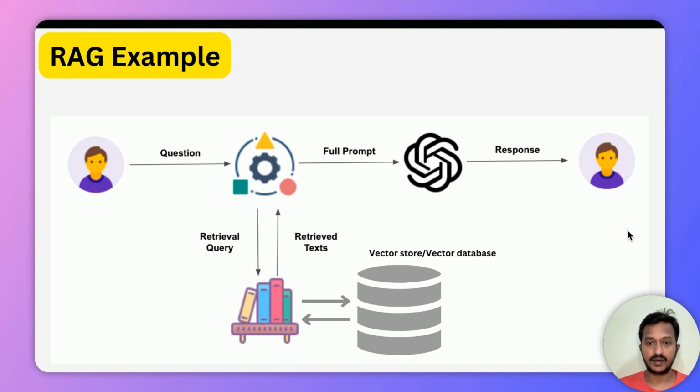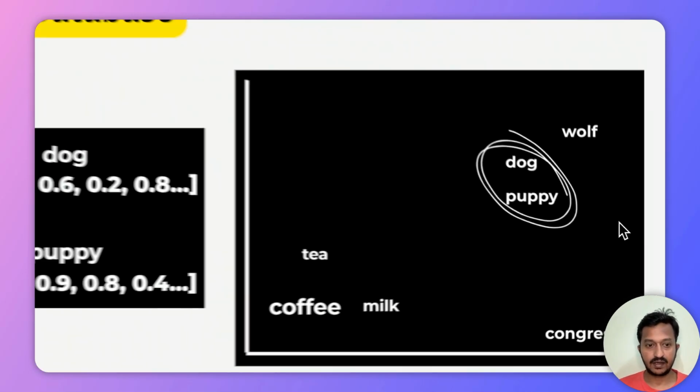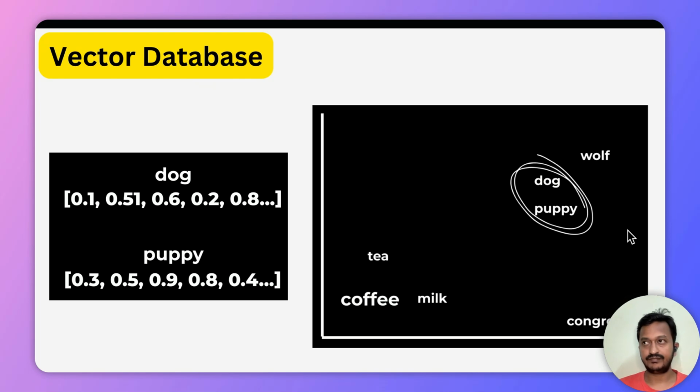Okay, and yeah. So how do vector databases basically store data? If you give it a big document, they basically chunk that document into small pieces, and each piece is assigned a numerical value. For example, dog and puppy can be represented in these numerical numbers, which we call vector embeddings.